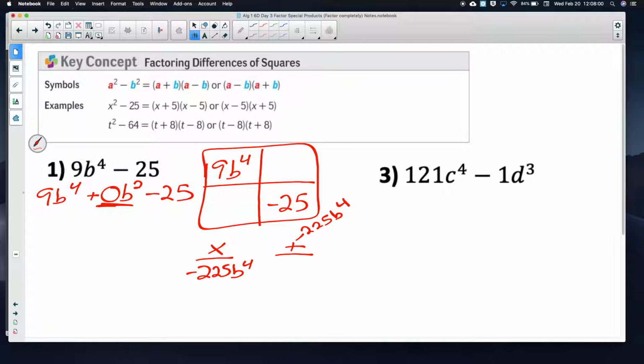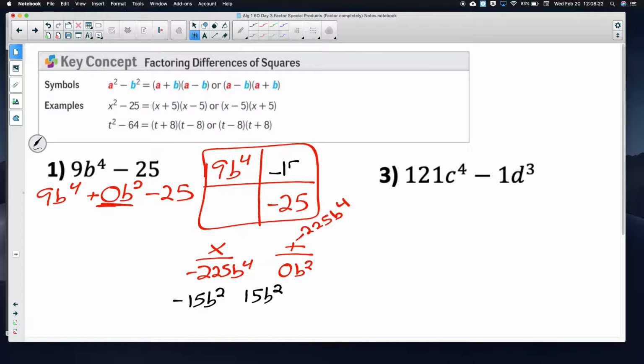So that's going to be 0b squared. Well, what two terms am I going to look for? I'm going to list those factors and figure out the two numbers that multiply to negative 225 and add to 0. Well, that's going to be negative 15b squared and 15b squared.